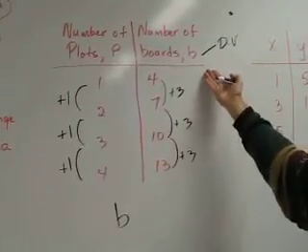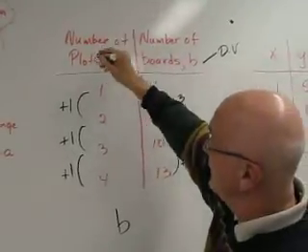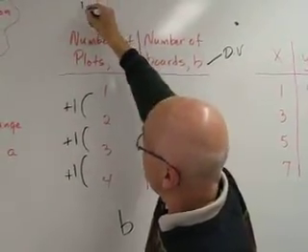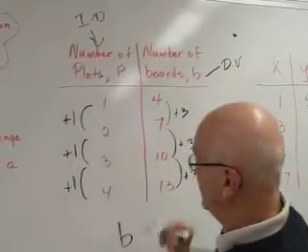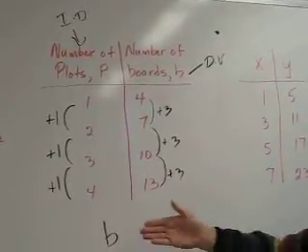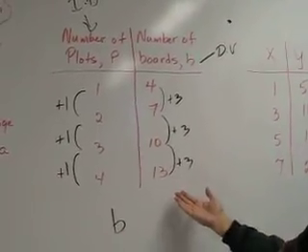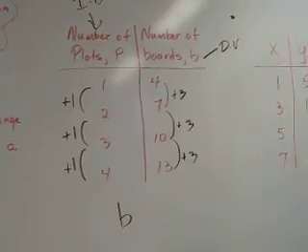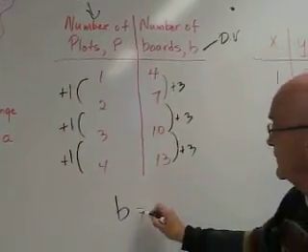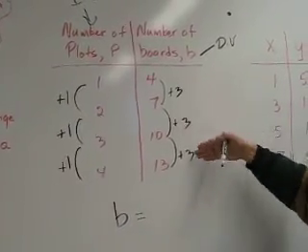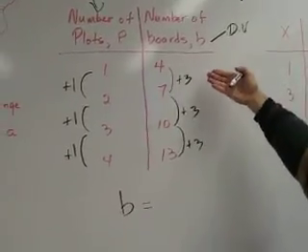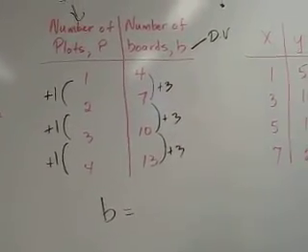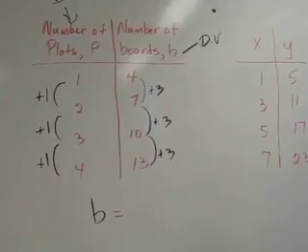Its value depends upon this particular value, which we call the independent variable. So we want to determine the number of boards that are required based on the number of plots that we have. Going back here, the repeated addition of 3 means that we're multiplying the number of boards by 3.